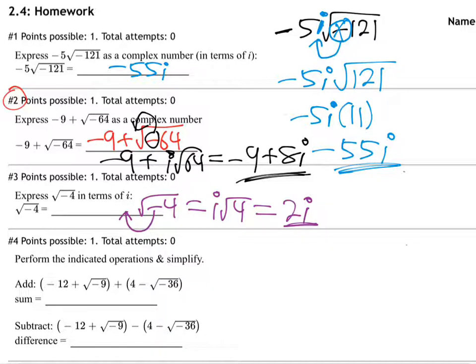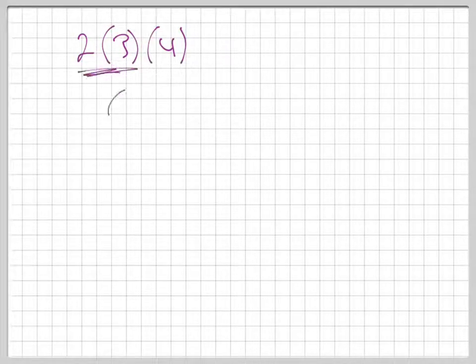I was going to ask you that because I kind of got confused in the first one. Because you got the 5, and you would have to multiply 5i times, oh yeah, you're wondering why these two multiply? Good question. Let me answer that. The idea behind that is, what if you had 3 things multiplying? You could do the first 2 and get 6 times 4, and that'd be 24.